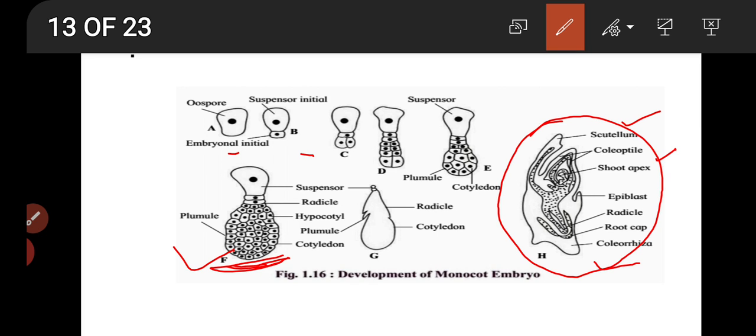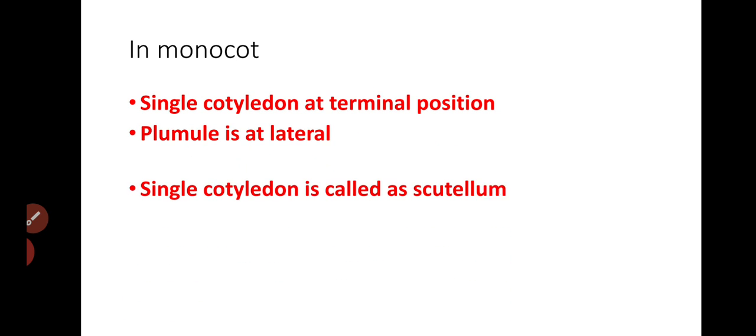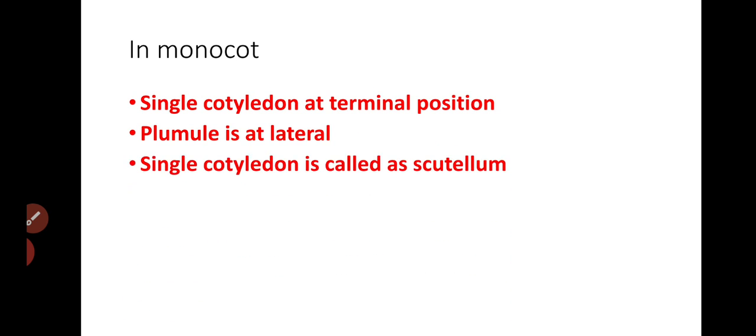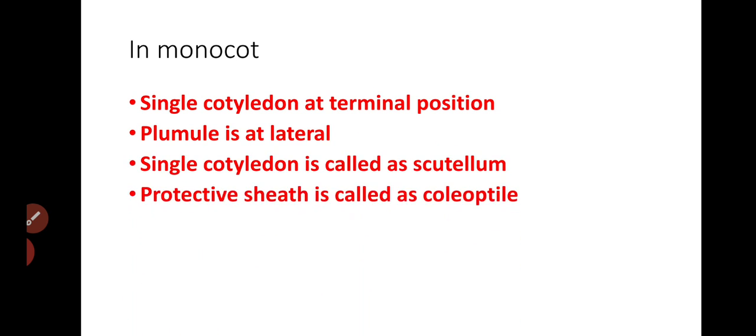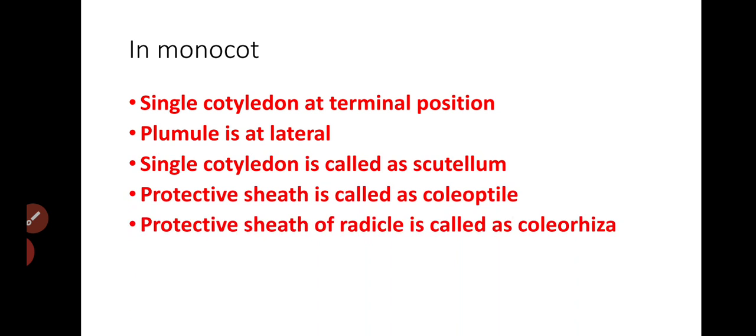So the difference takes place after the octant. In monocot, the single cotyledon is at a terminal position, the plumule is at a lateral position, the single cotyledon is called the scutellum, the protective sheath of the plumule is called the coleoptile, and the protective sheath of the radicle is called the coleorhiza.